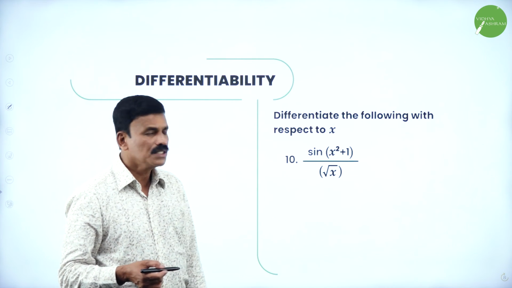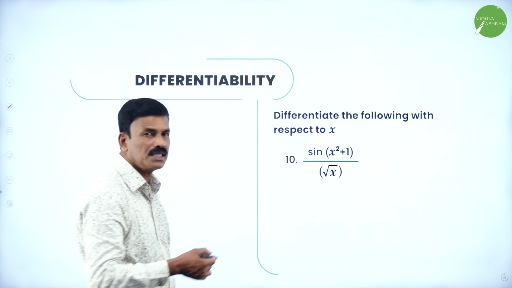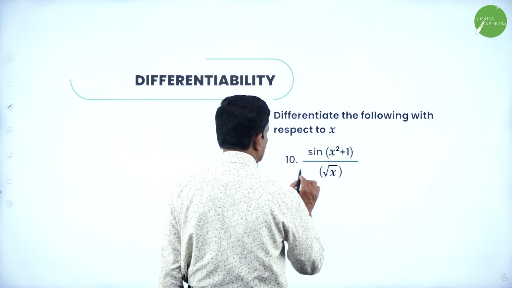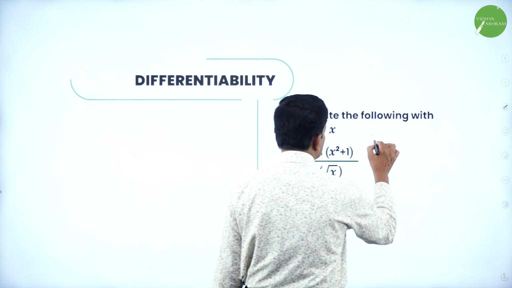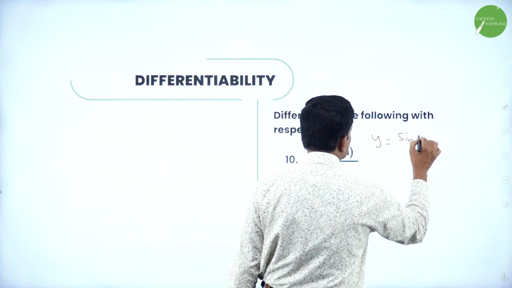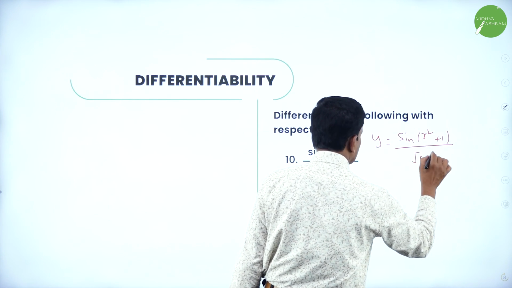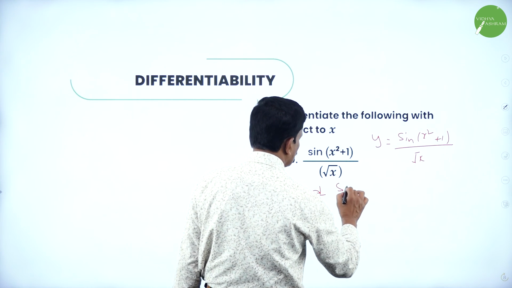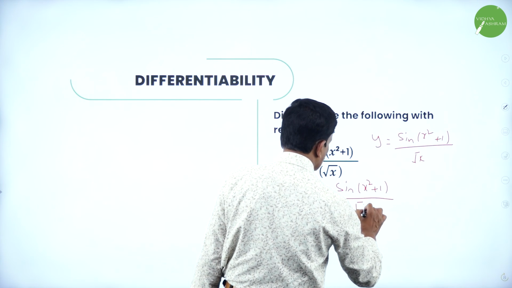Now, same, differentiating with respect to x, dy by dx is equal to d by dx of numerator by denominator. Let y be equal to sin of x square plus 1 divided by root x. Now dy by dx is equal to d by dx of sin of x square plus 1 divided by root x.